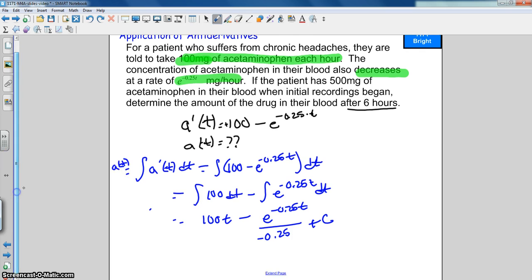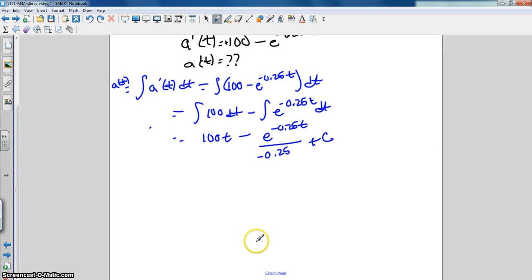And so now, just simplifying this, I get 100t, this ends up being plus 4e to the minus 0.25 t plus c.